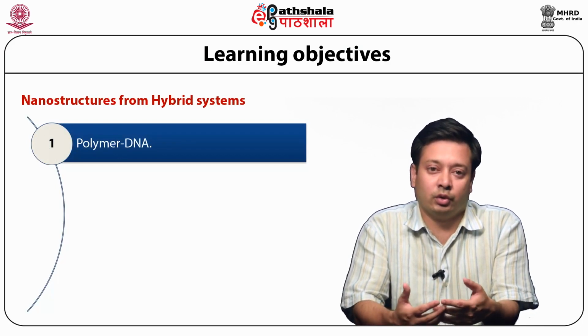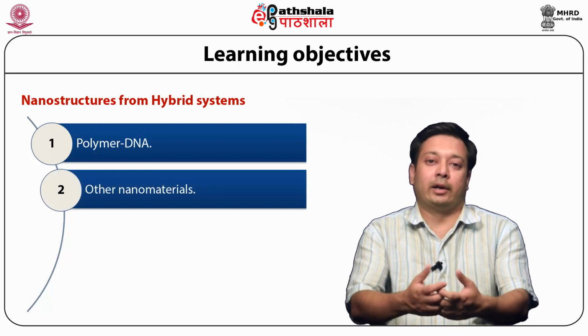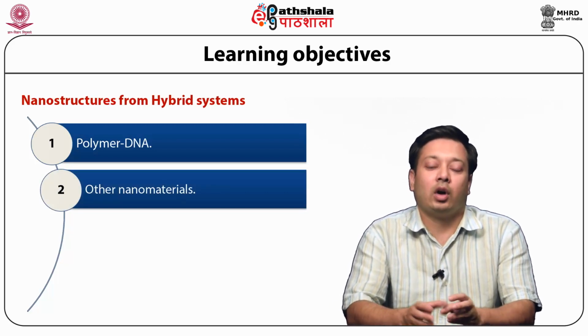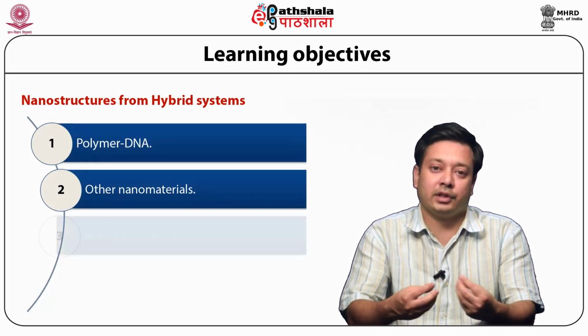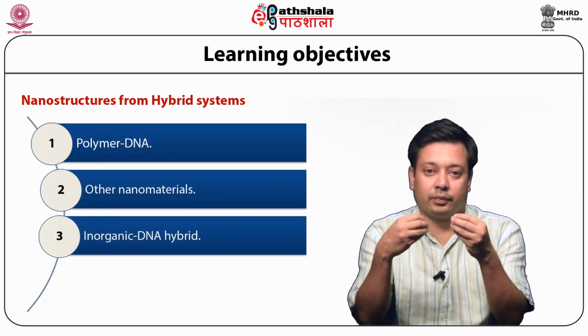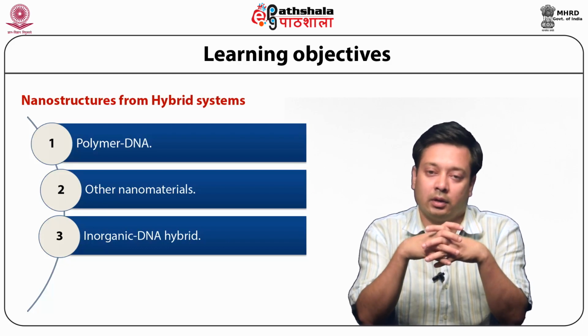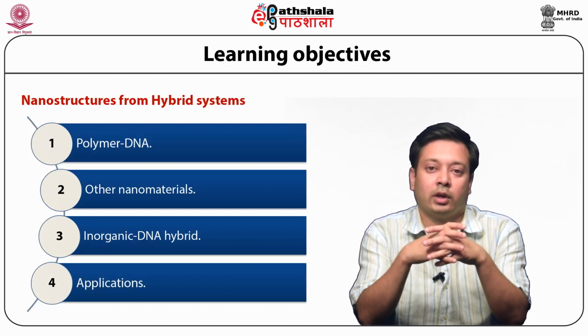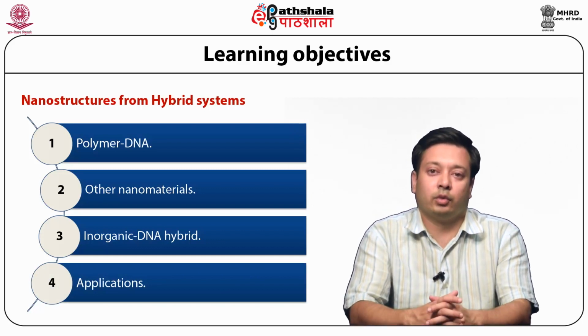We would also know about different metal nanoparticles or nano containers, and how we can make these inorganic organic hybrid materials and how we can use them for different applications. So we would get to know that from this module.